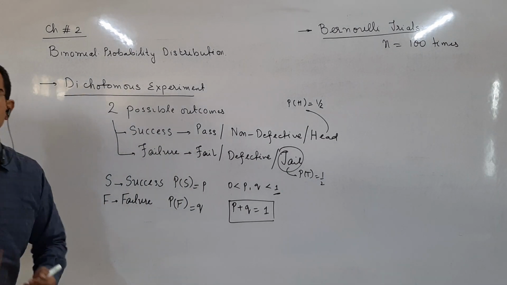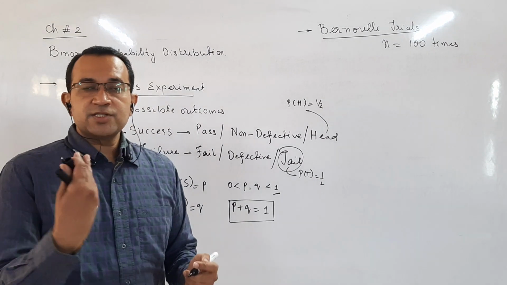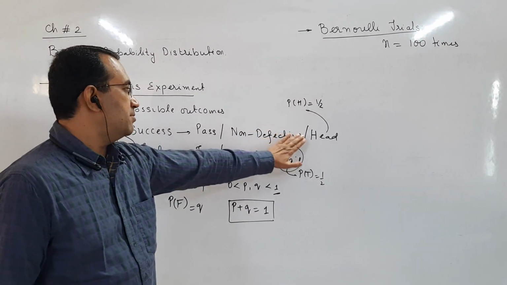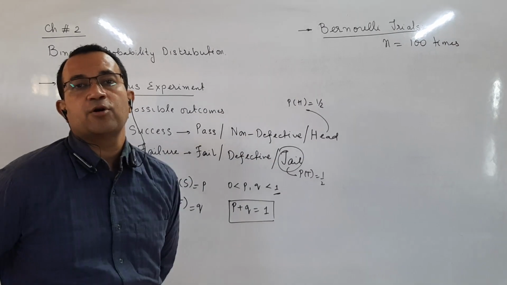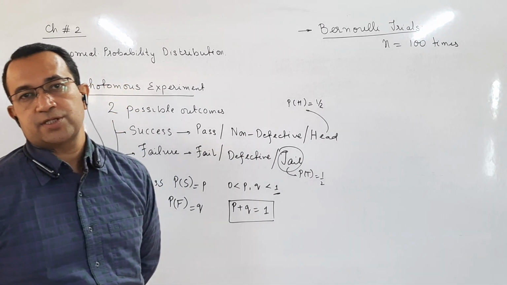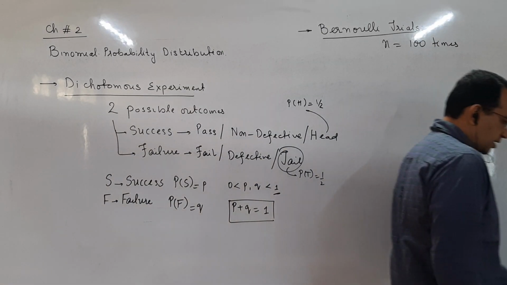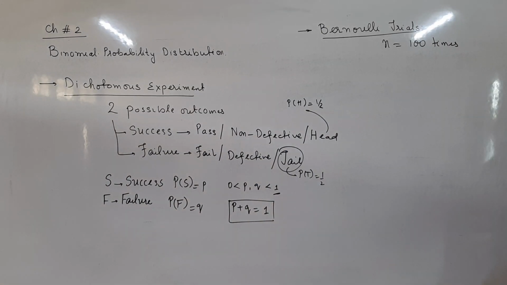Now, in each of the trials, irrespective of the previous trials, the probability of success, the probability of getting a head, remains same or not? Yes, students. Even if I toss the coin 10,000 times, or even if I toss it 100,000 times, that is 1 lakh times, the probability of success in each trial remains same.